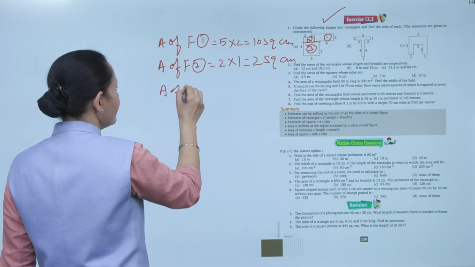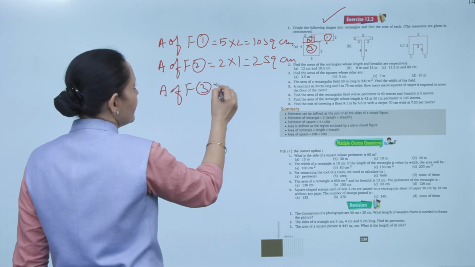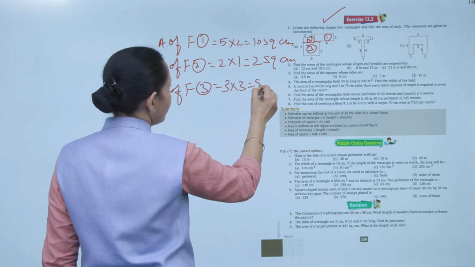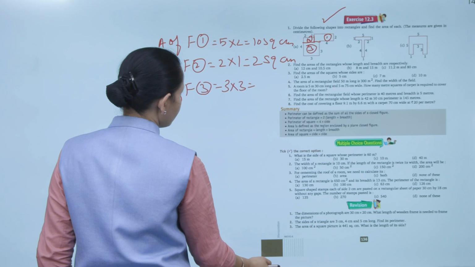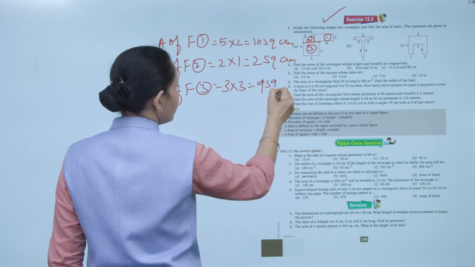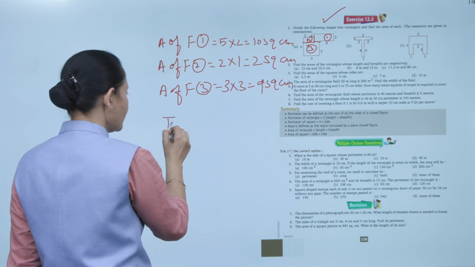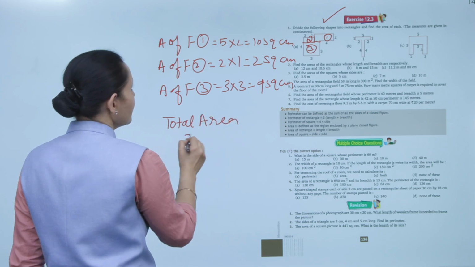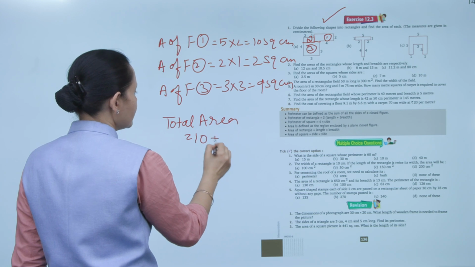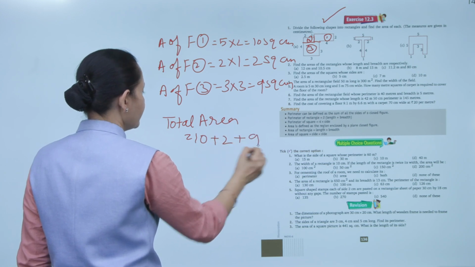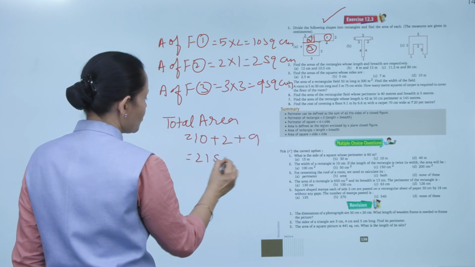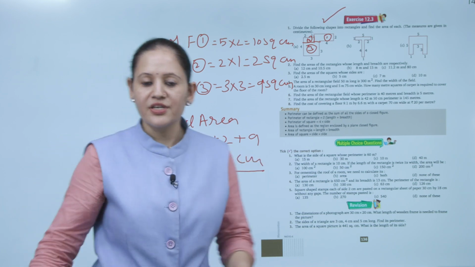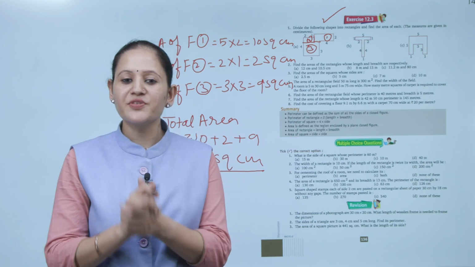Area of figure 3 is 3 into 3, 9 square centimeter. Total area हो जाएगा equals 10 plus 2 plus 9, 21 square centimeter. That is the area of the given figure. Clear? Practice all the questions of this exercise.